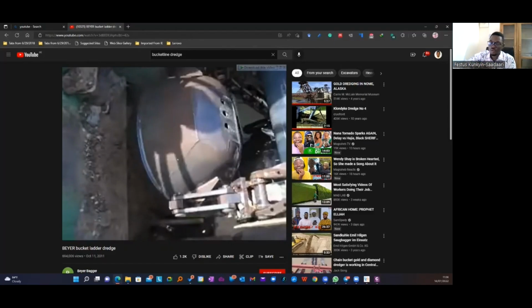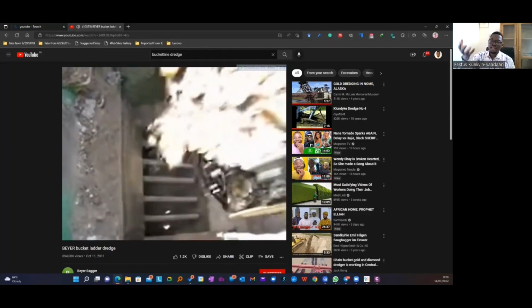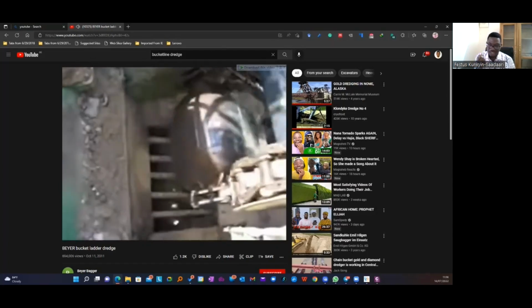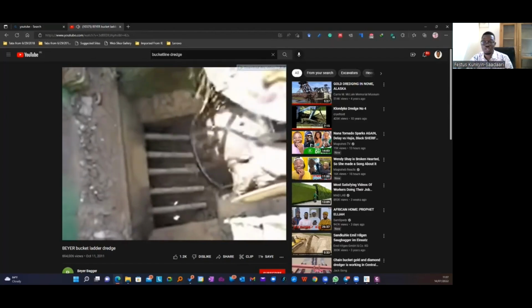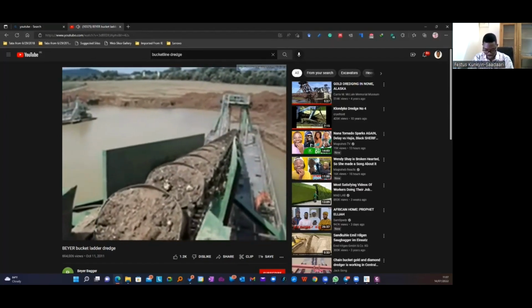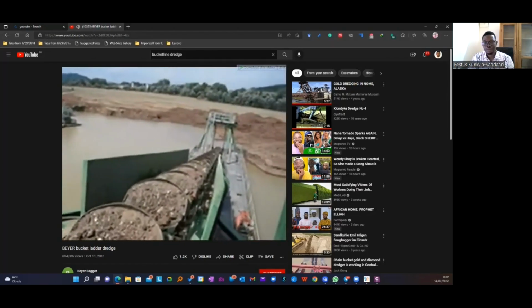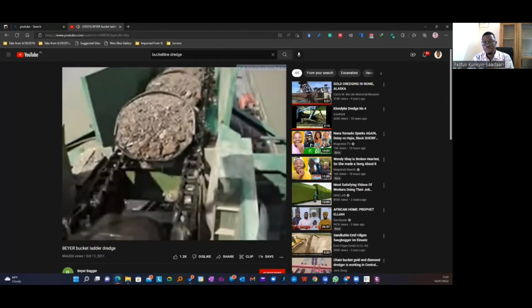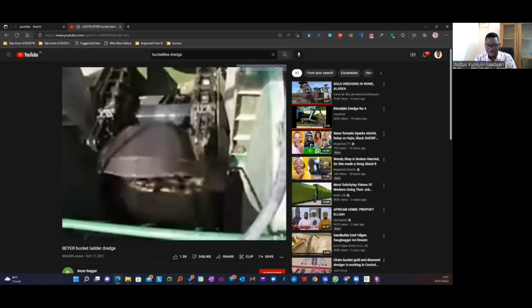The materials are scooped and ascend the ladder and are dumped onto a system that will shake it and send only the smaller particles to the processing plant and leave the stones. They don't want the stones, so they dump them somewhere. That's what we call a bucket ladder. We name these based on how the buckets are arranged in the device.